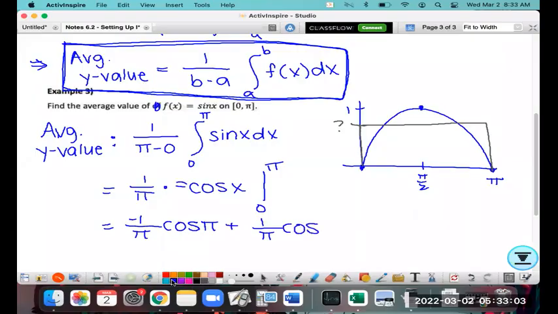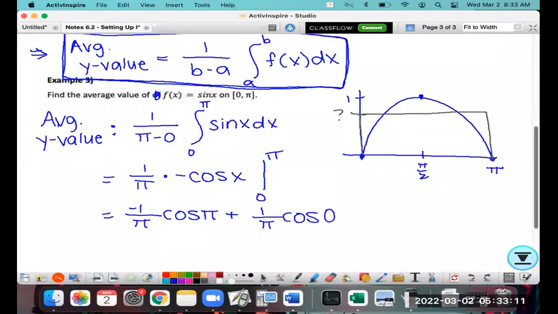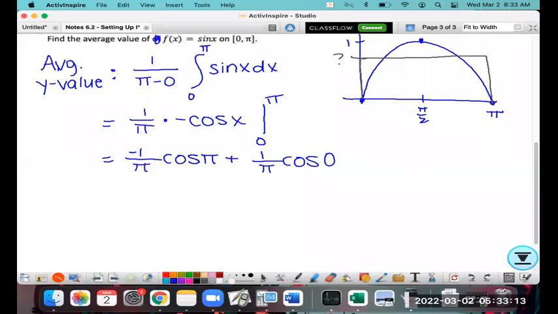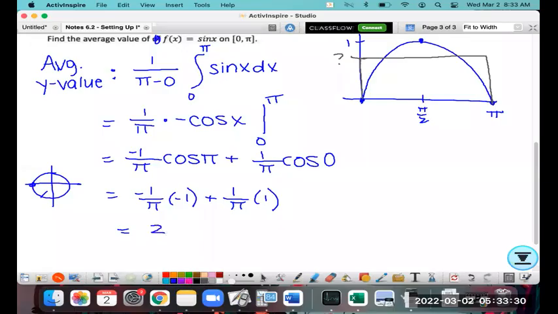I just move that negative to be the coefficient on the 1. All right, cosine of pi, that's -1. Cosine of 0, that is +1. So we end up getting 1 over pi plus 1 over pi, which is 2 over pi.